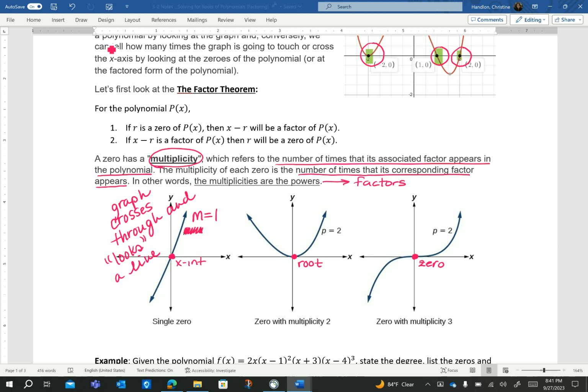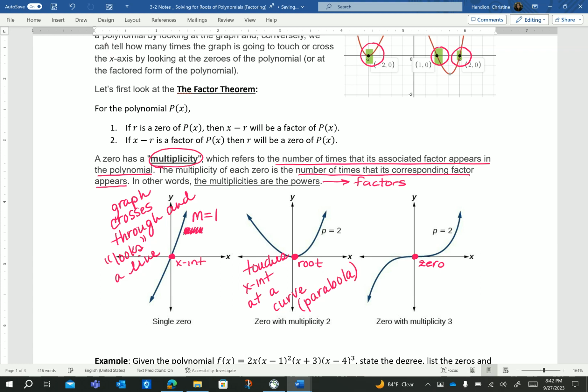Now, if your curve hits the x-intercept and bounces off like it did here, so notice this curve comes down, it hits the x-intercept and ricochets up, okay? And it has a parabolic shape to it, okay? So it touches the x-intercept at a curve, like a parabola.